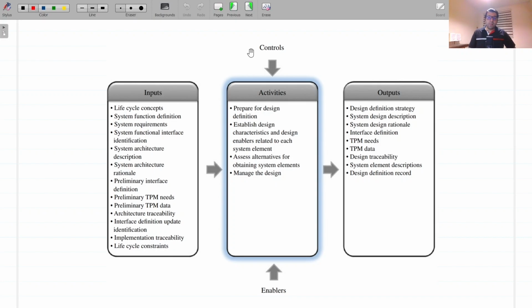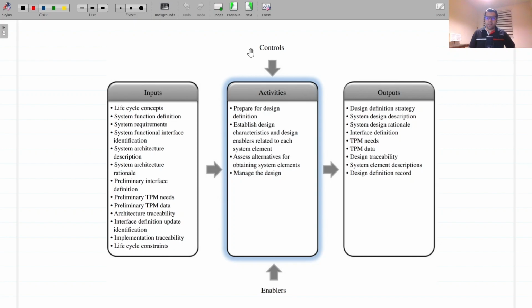This process provides feedback to the parent system architecture to consolidate or confirm the allocation and partitioning of architectural entities to system elements.